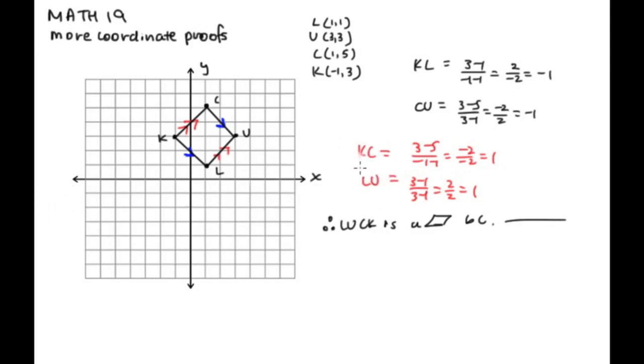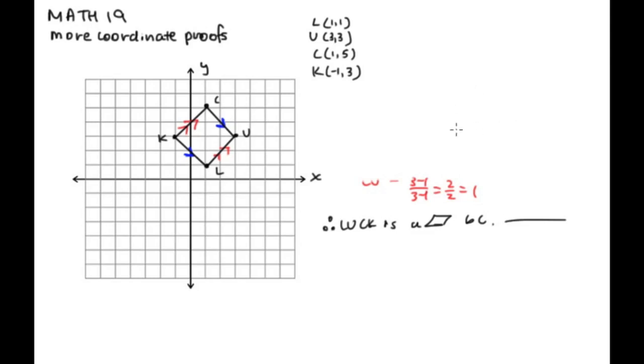Now we have to make a decision. Do we want to prove it's a rhombus or a rectangle? Well, we already have these slopes for KL, which is 1, and LU, which is 1, and CU is negative 1, and KL is negative 1.